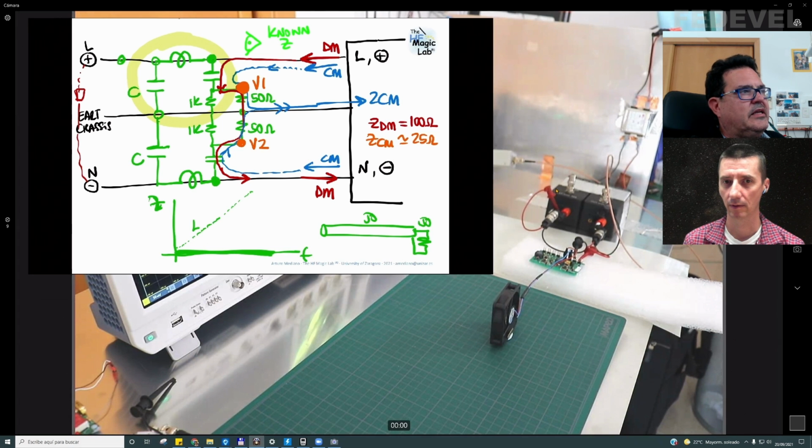I don't know exactly now, but you have in the market this kind of line impedance stabilization networks. The idea in this way is that the line impedance stabilization network usually is cheaper because you only need one circuit.